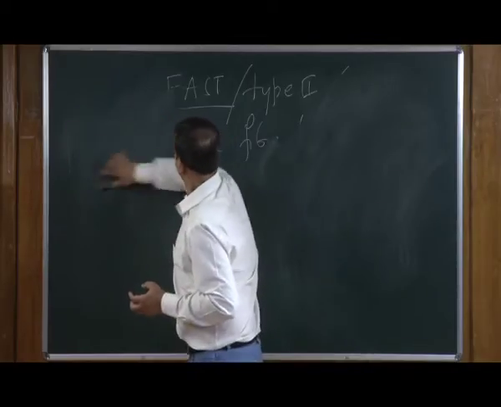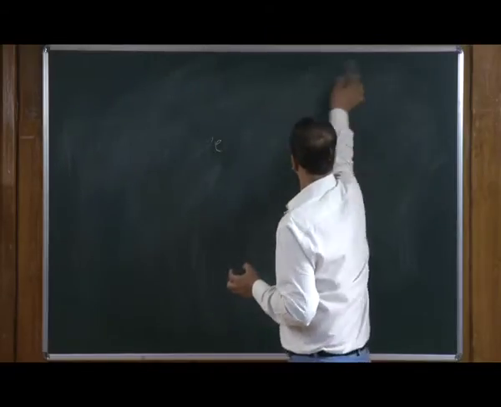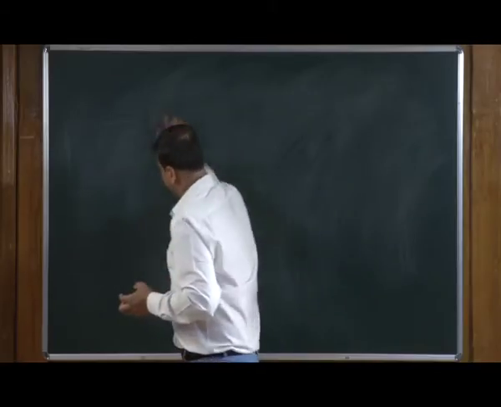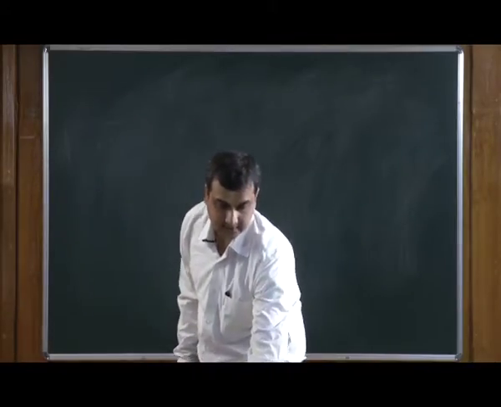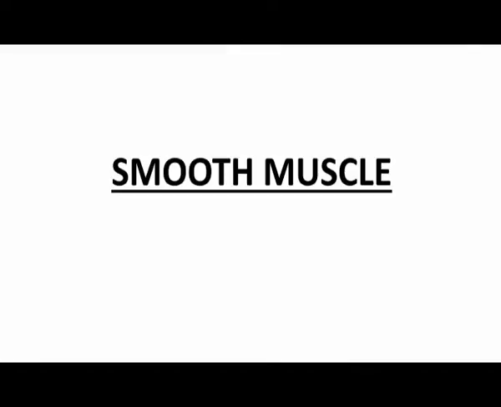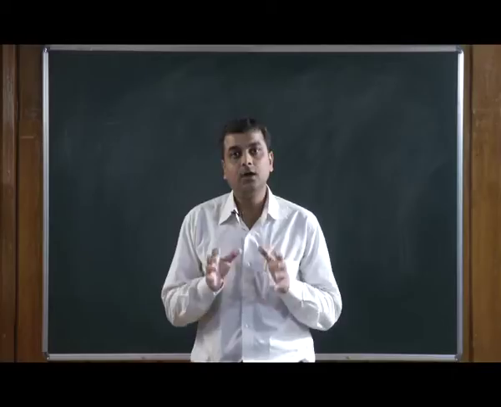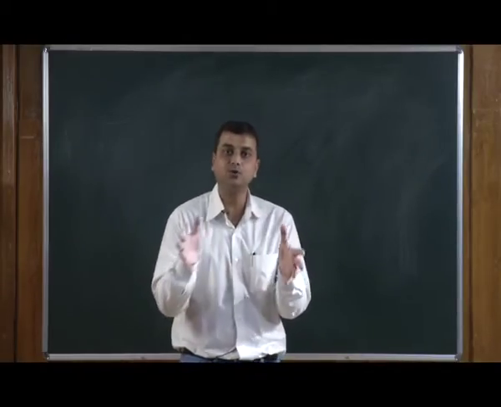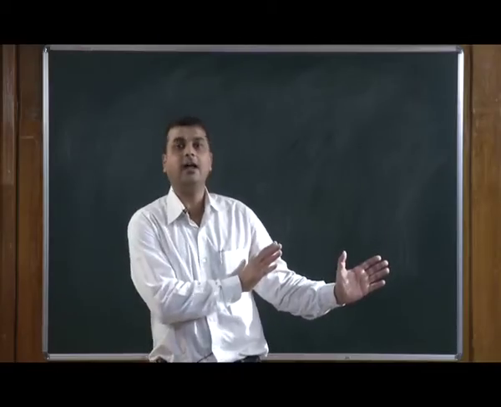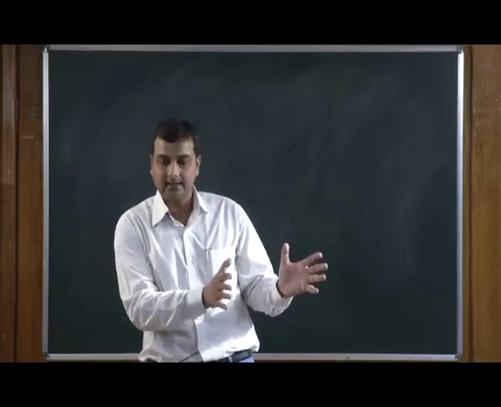Now, since we have gone through skeletal muscle, we will see in our next slide regarding smooth muscle. In smooth muscle, we will try to understand what the contents are and why smooth muscle is different from what we have learned right now in skeletal muscle.